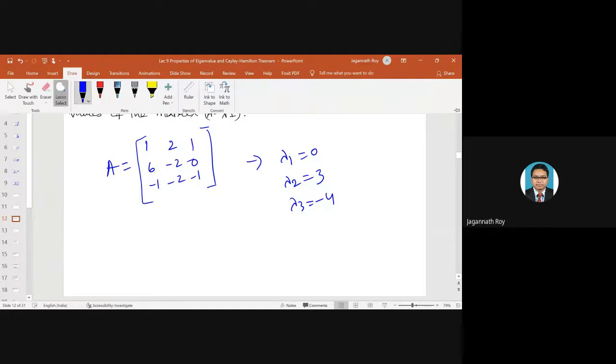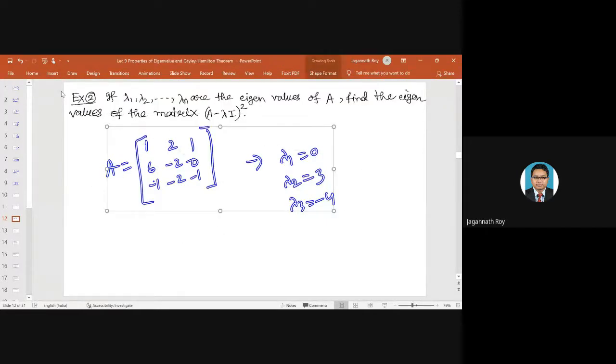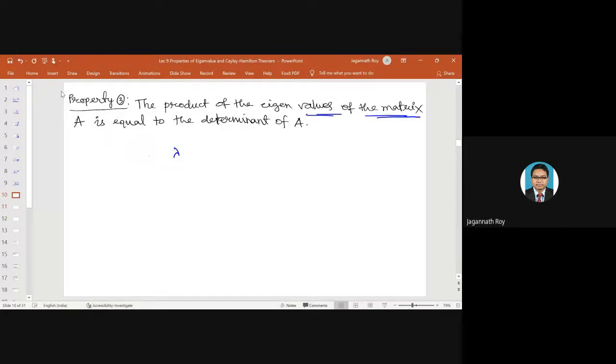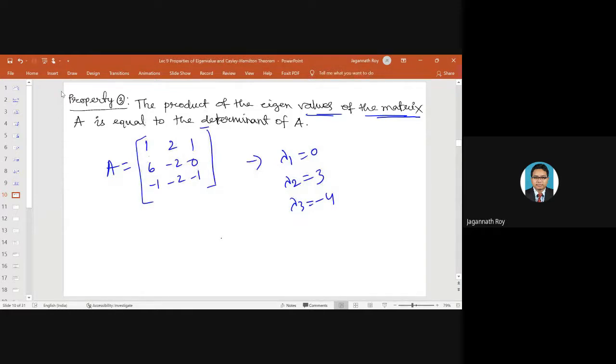So if you take the product, it will be 0. Lambda 1, lambda 2, and lambda 3, the product is 0 actually. Let us take lambda 1 plus lambda 2 plus lambda 3. What is it? 0 plus 3, and minus 4, is minus 1.